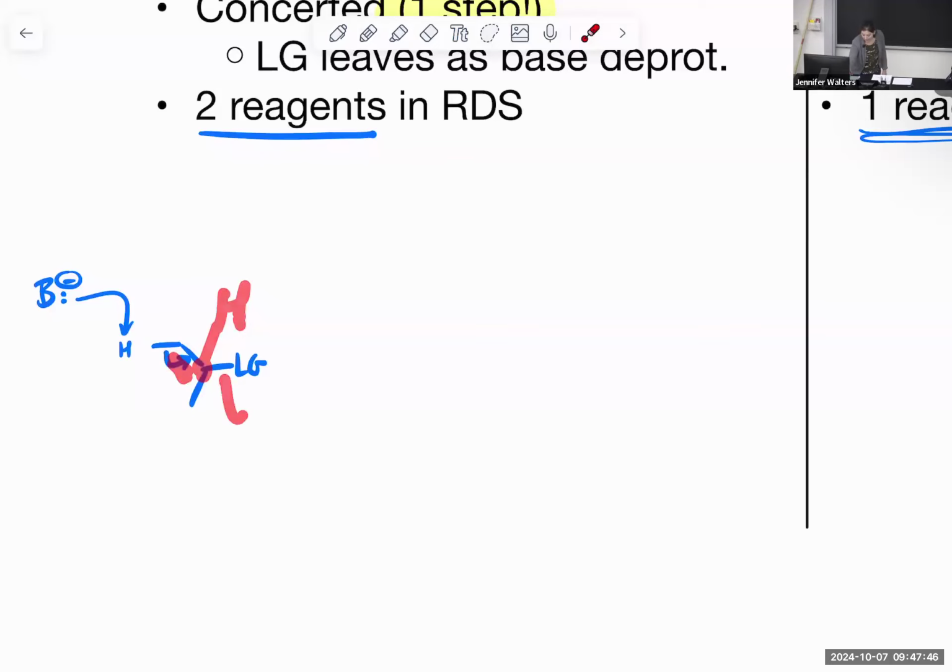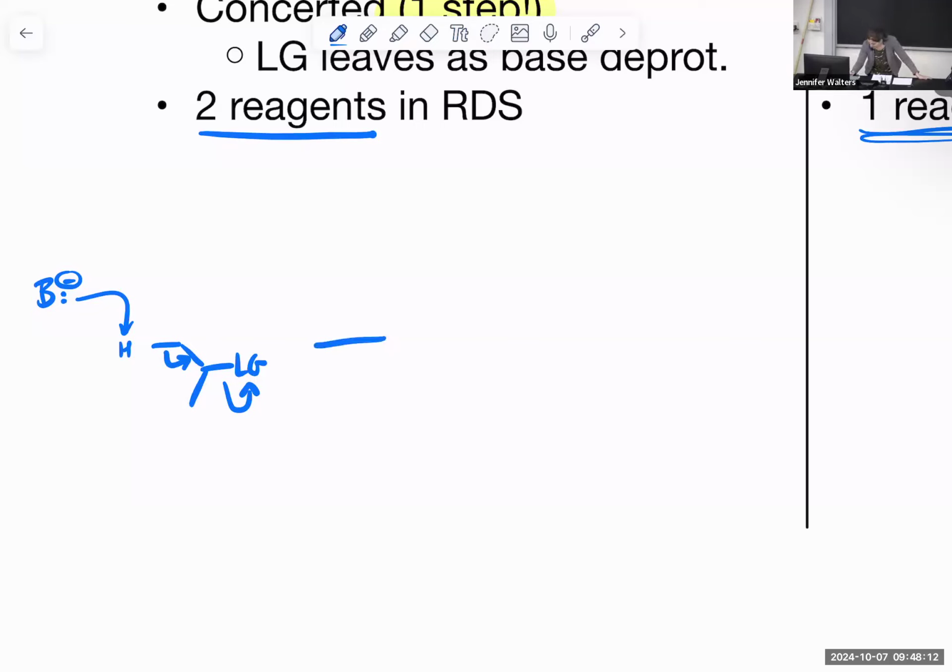So we need to now have another arrow going away, kicking out the leaving group so that we don't violate carbon's octet. So E2 is always going to have these 3 curved arrows at once. Base attacks the hydrogen-carbon bond, makes the double bond, and then we kick out the leaving group. You get all 3 arrows each time.